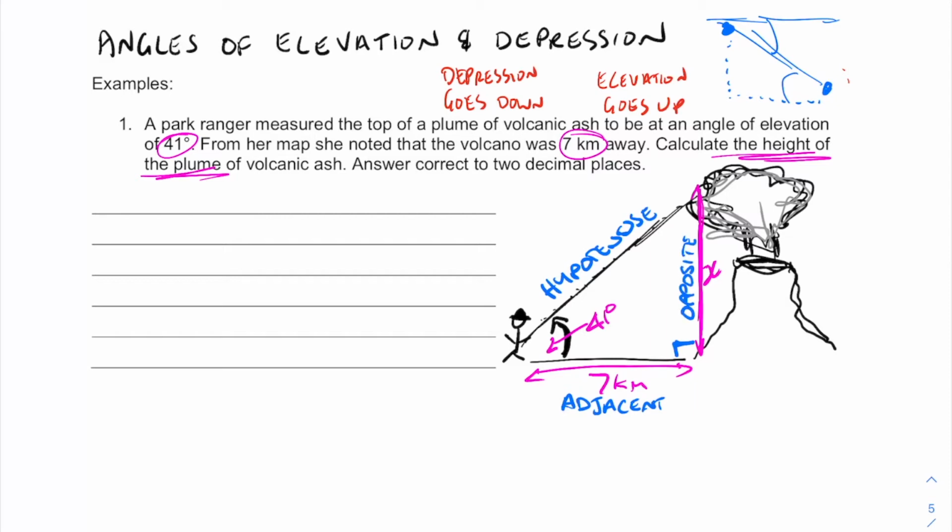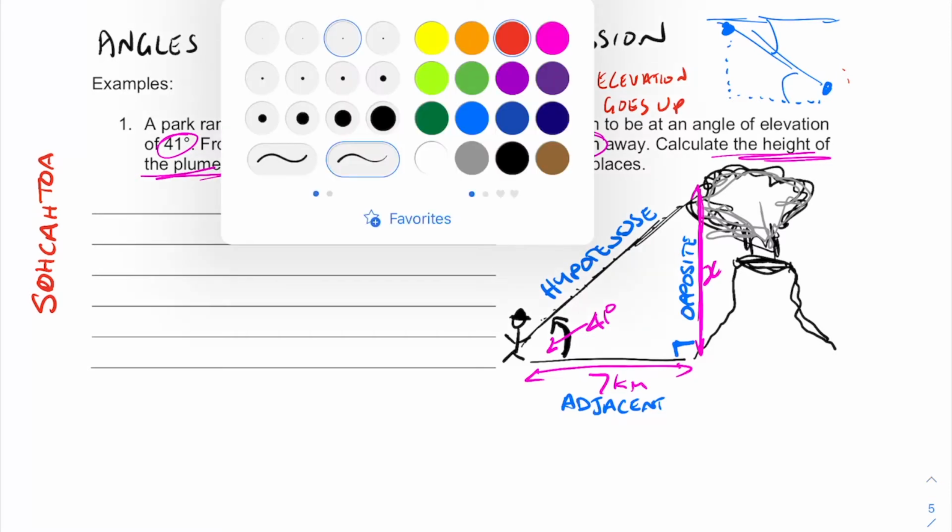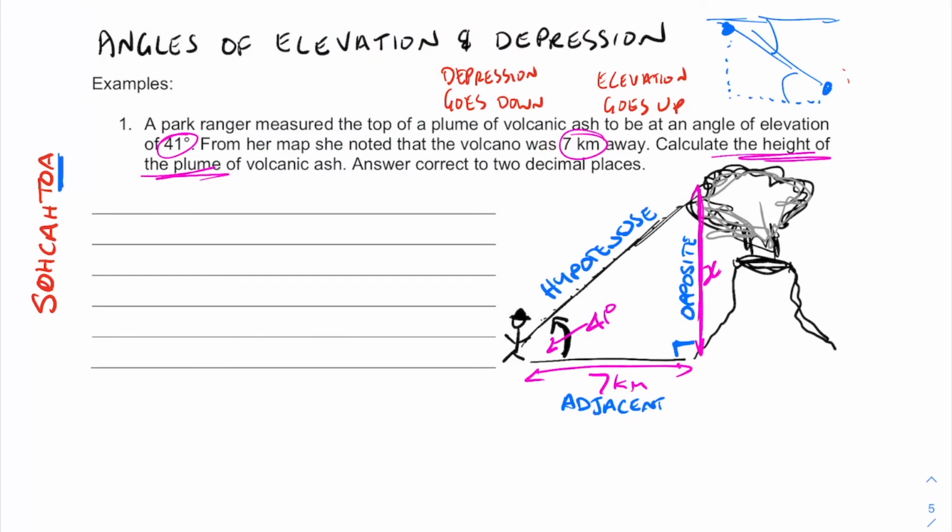If you remember back to SOHCAHTOA, we don't need the hypotenuse, so the SOH and the CAH are out, but we do need the TOA. So I'm going to start with tan because that's the TOA.